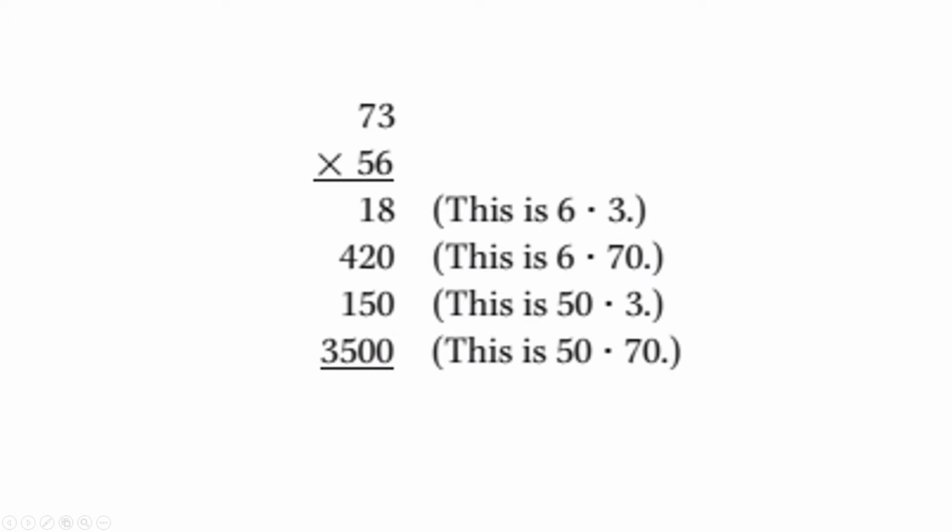Well, that's just 4 hundreds, 2 tens, and a 0. And then you wound up doing 50 times 3, and you got 150. And then 50 times 70, which is 3,500. Then you added up those 4. So you combined these two with the way you probably learned how to do it, and combined those two and added them. But hopefully you realize that there was actually 4 pieces of multiplication you were doing there.